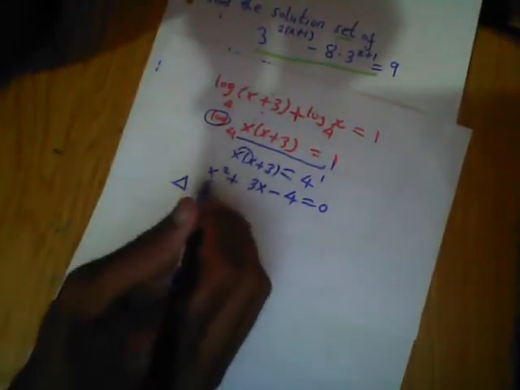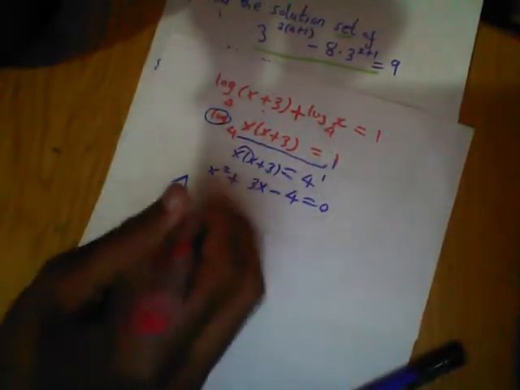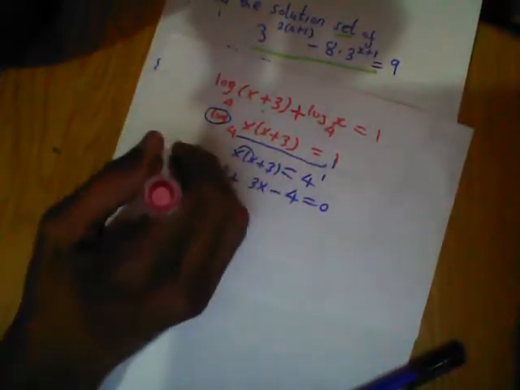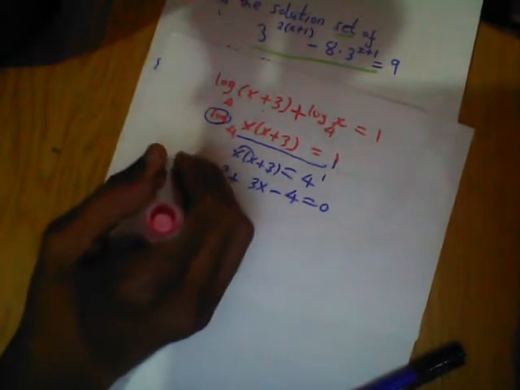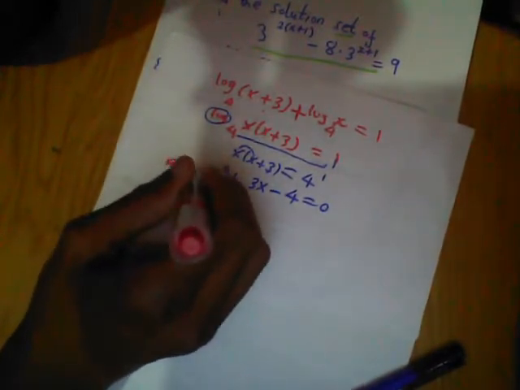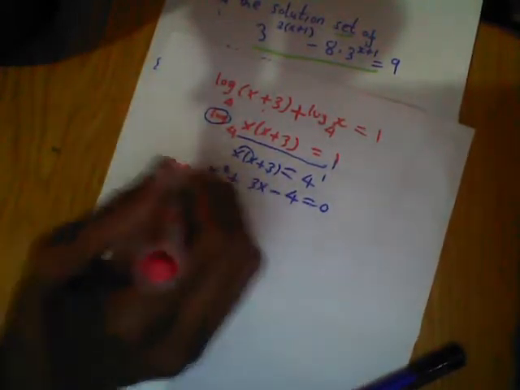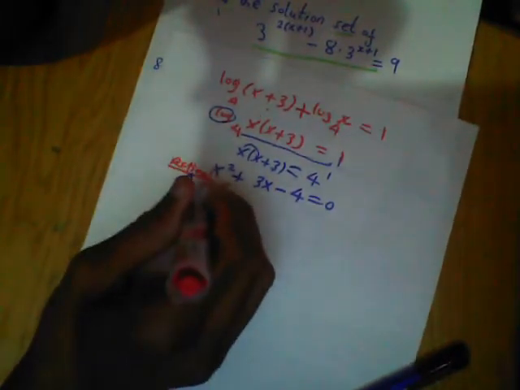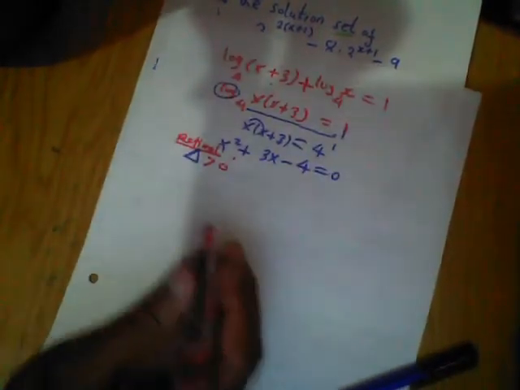And then we want to check the discriminant. The discriminant tests for either rational or irrational roots. For the irrational case, the discriminant must also be greater than 0. Even if it's irrational, it must be greater than 0.